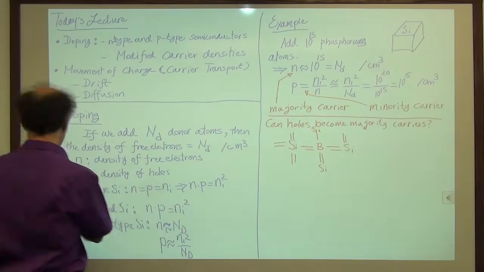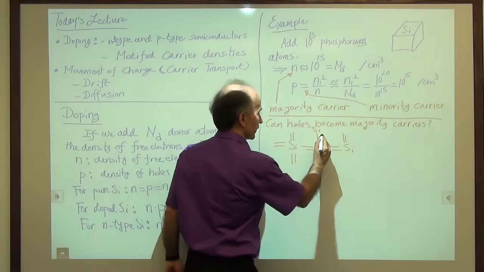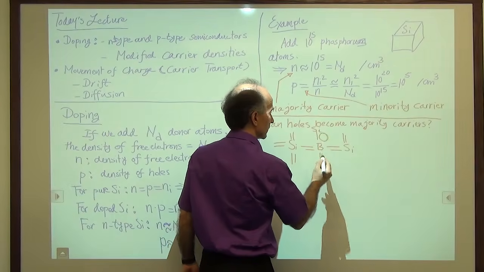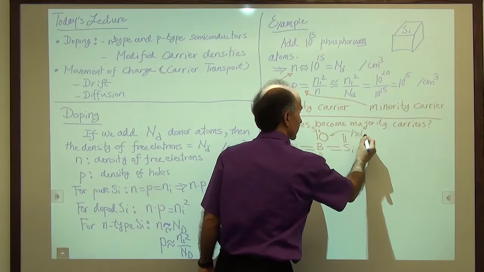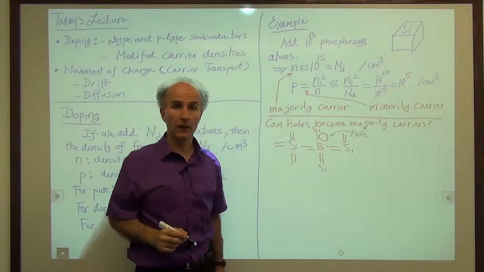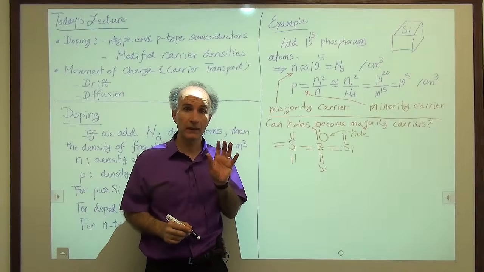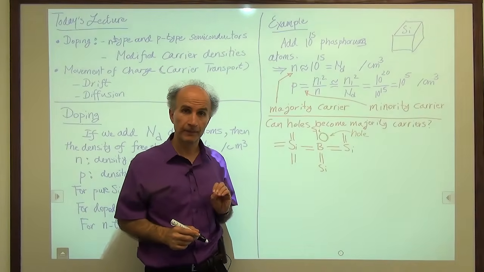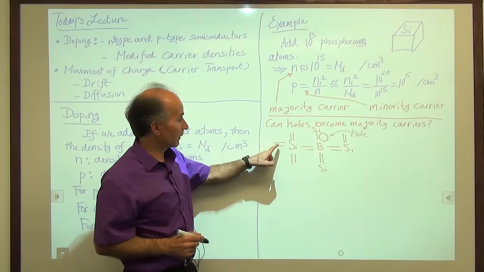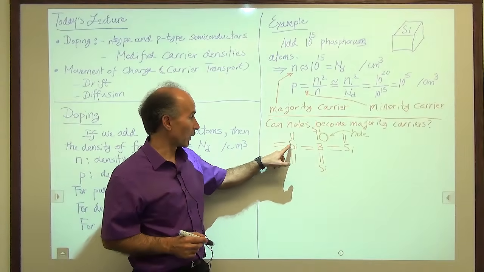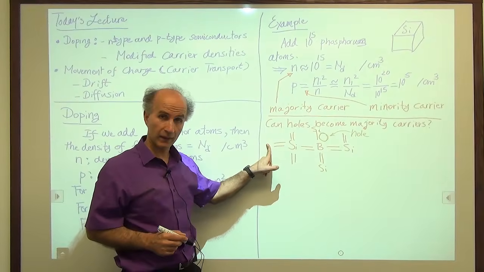So we end up with a hole here, and that hole is above and beyond the holes that the pure silicon already produced. This is a different type of bond, right? You could knock off an electron here from one silicon atom bonded to another silicon atom.